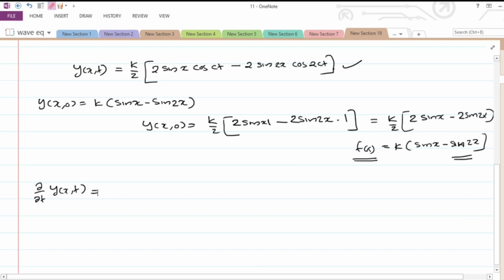Okay, so y of x,t is equal to k by 2 into 2 sin x into c into derivative of sin, minus cos, minus sin ct, minus 2 into sin 2x into 2c into derivative of cos, minus sin 2ct.